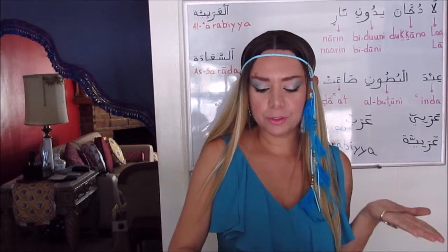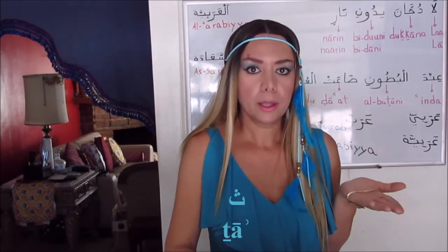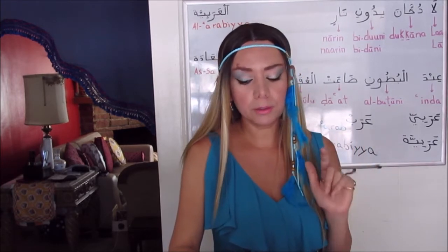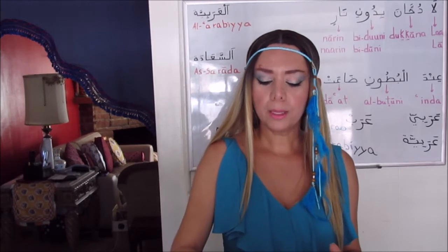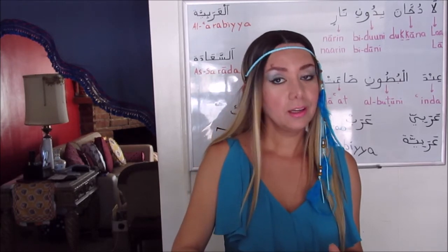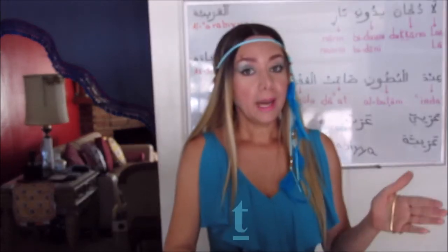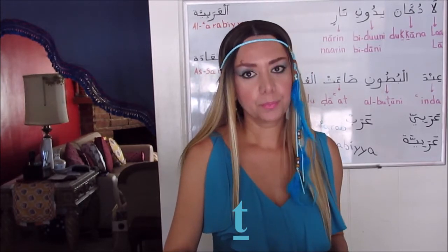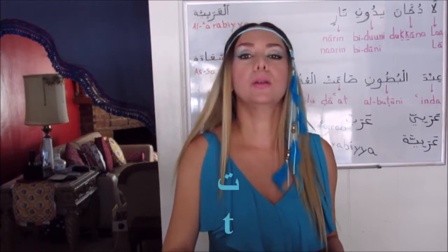The sound shifts from ta to tha, that you are already familiar with in English as in think, symbolized with TH, or an underlined T to discern it from ta, that is represented by the letter T.